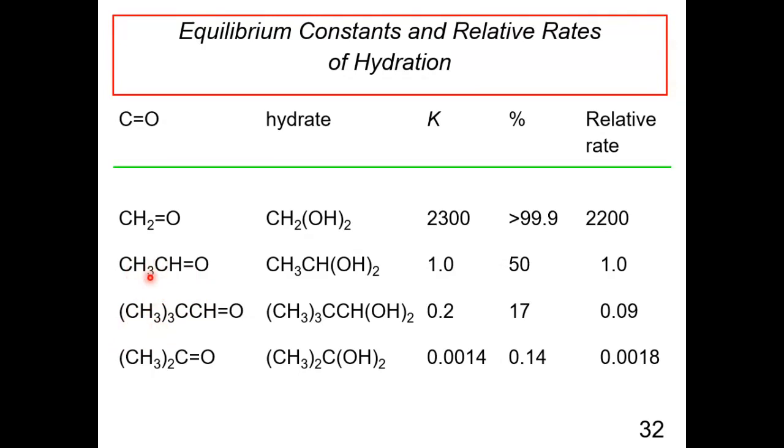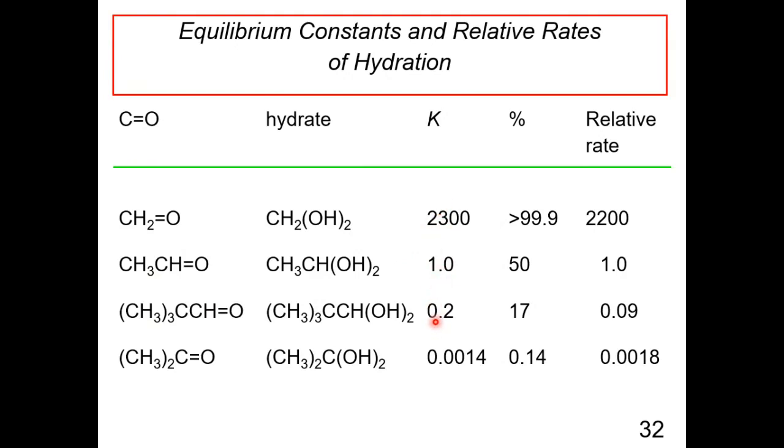You go from the least sterically hindering alkyl group, methyl, to one of the bulkiest alkyl groups, tertiary butyl. Going from here to here, the equilibrium constant changes by only 5 times. But from here to here, a change of one carbon, you reduce the equilibrium constant by 2,000 times. This here is the electronic effect change, and here is the steric effect change.